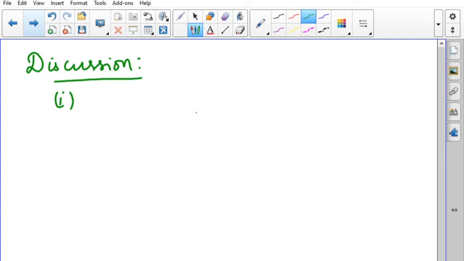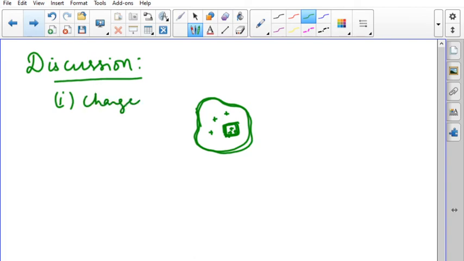For example, if you consider a closed charged object and take a Gaussian surface within it, you have to consider the charges that are present within the closed surface. There may be charges outside the closed surface also, but we are not considering them. We are considering the charges within the closed surface.